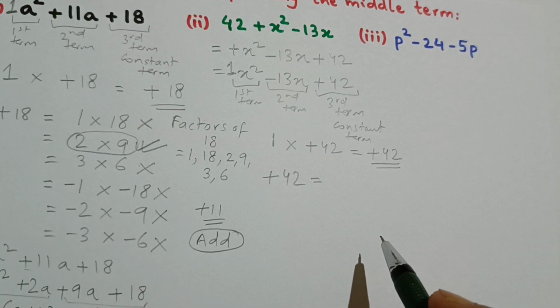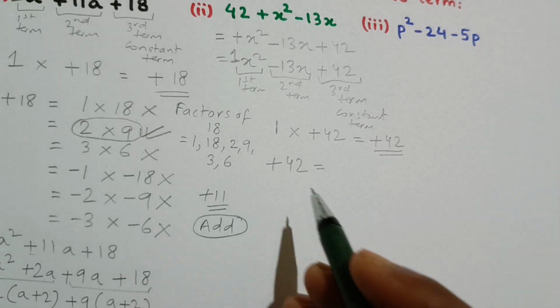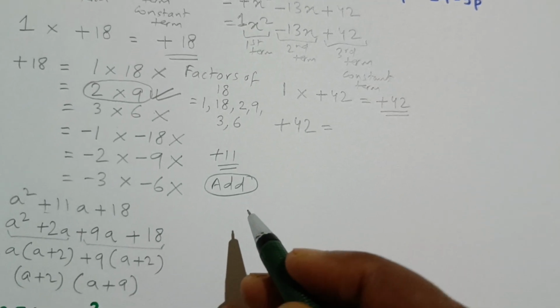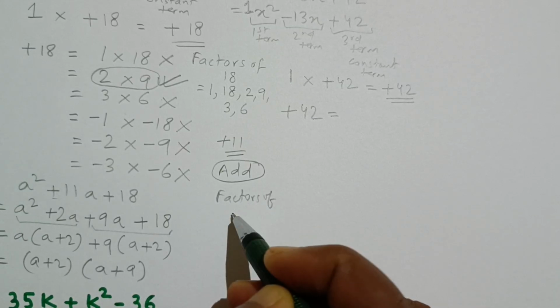For that, first I will find the factors of 42. With that it will be easy. So let us do it over here. Factors of 42.